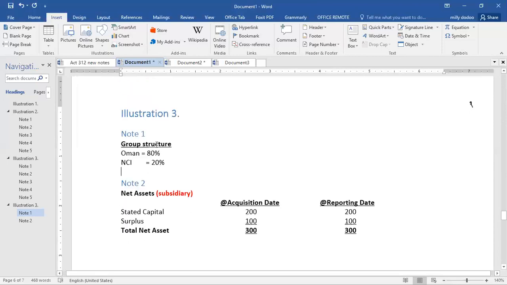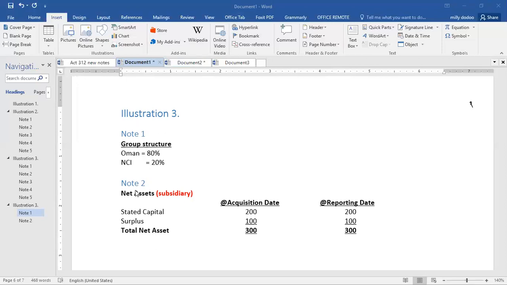Now, as I said earlier, the percentages have been given to you already. So Oman is having 80%, then non-controlling interest is having 20%. So that is how you do it.